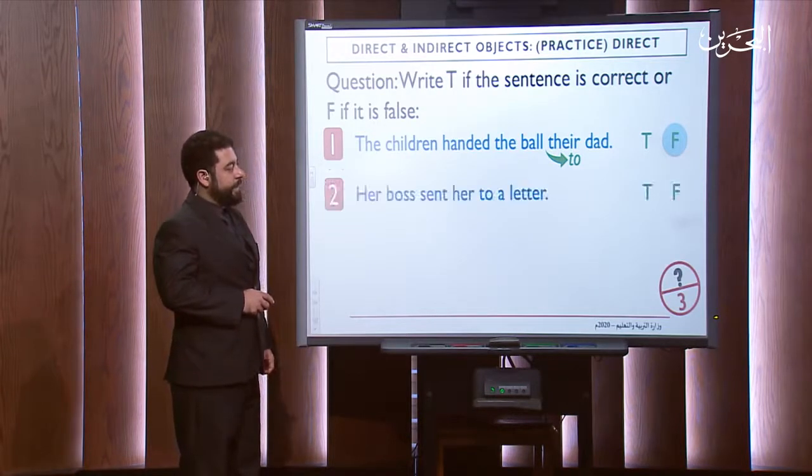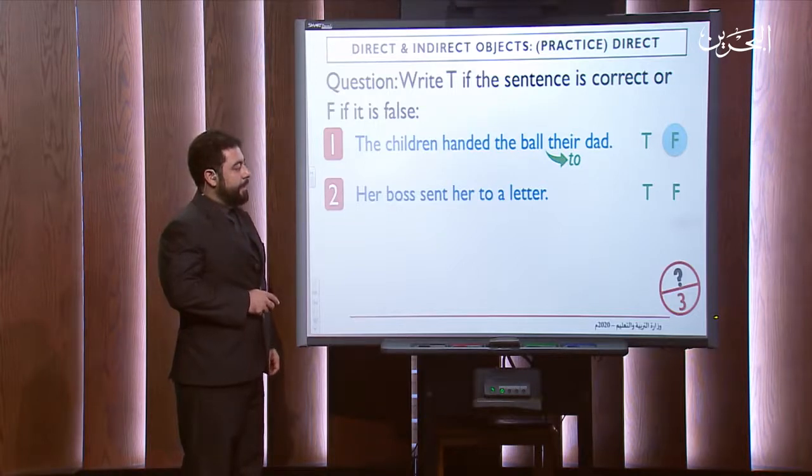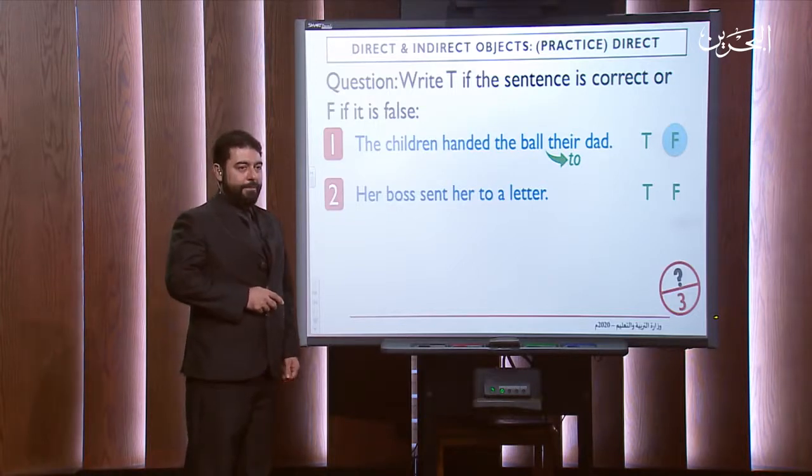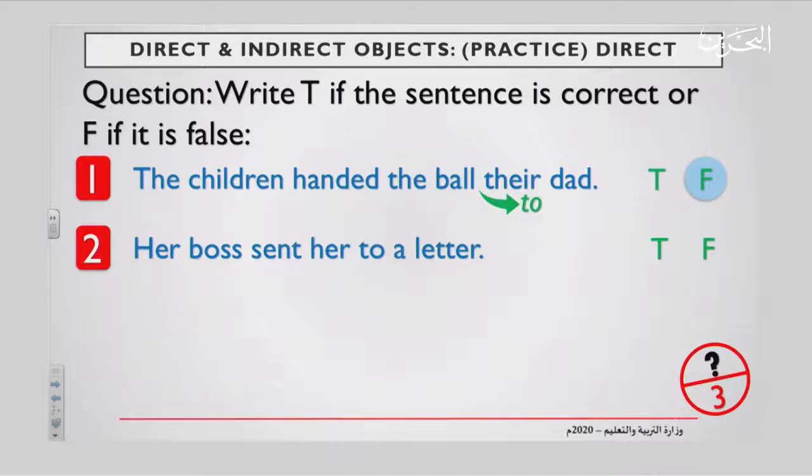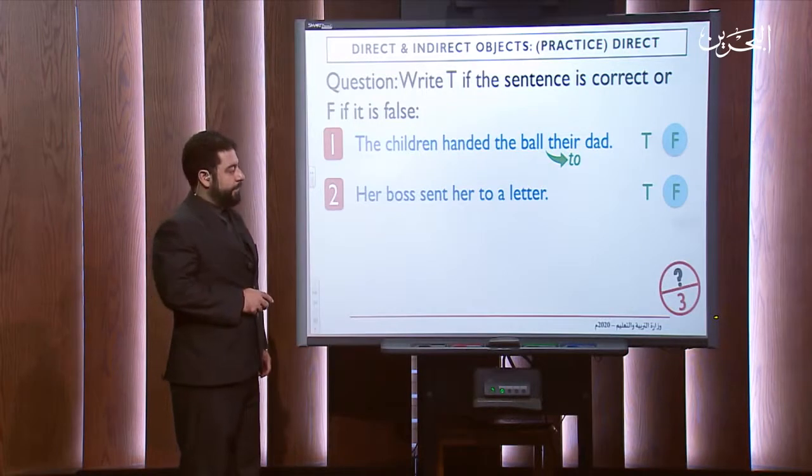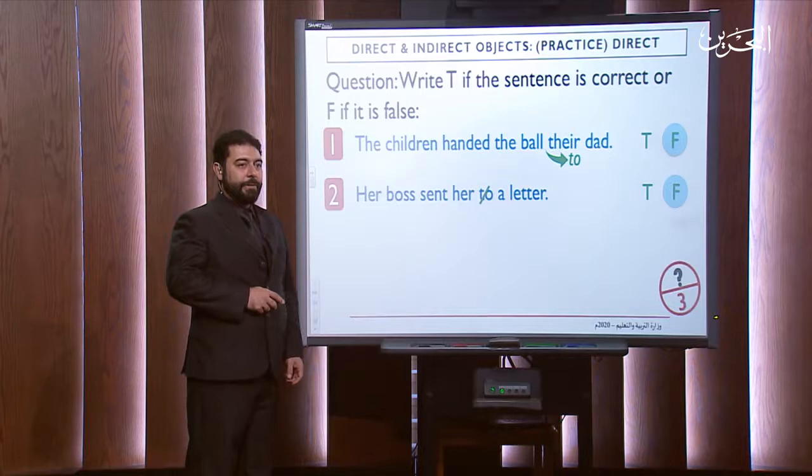Number 2, the boss sent her to a letter. You have 5 seconds. Let's check. F. The right answer is we have to eliminate to. Her boss sent her a letter.